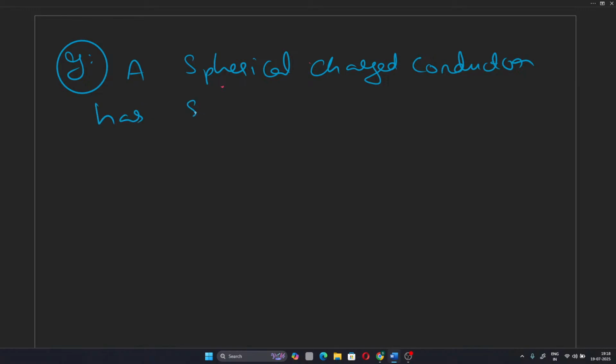Okay, the next question is, a spherical charged conductor has surface charge density sigma.